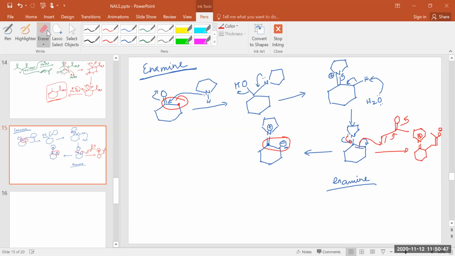Let me get this clearly. Working up with water, this will react because this carbon is a very strong electrophile, and this again can take a proton here, this will go here.